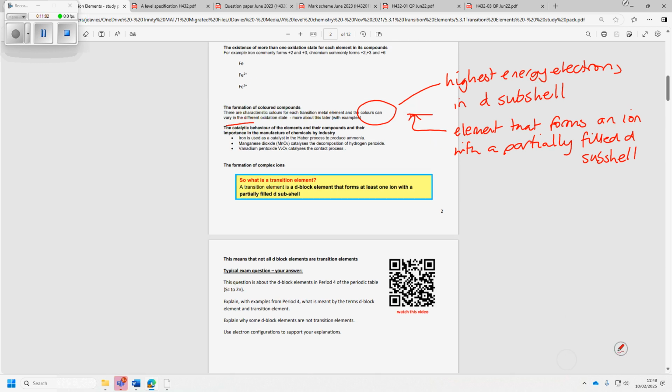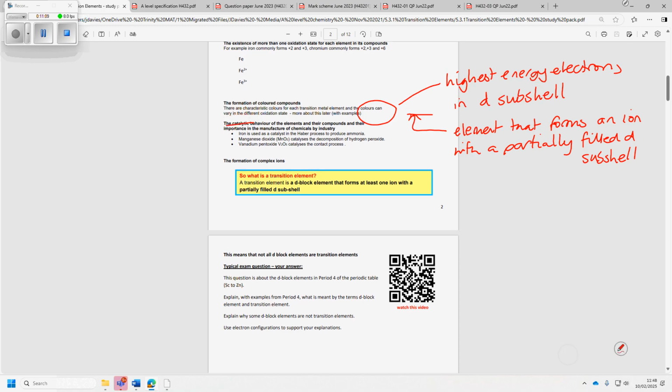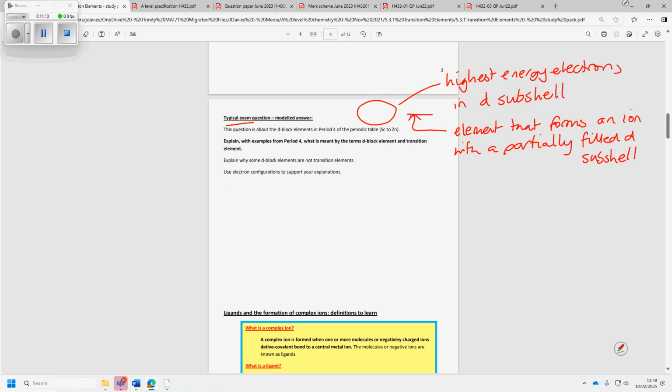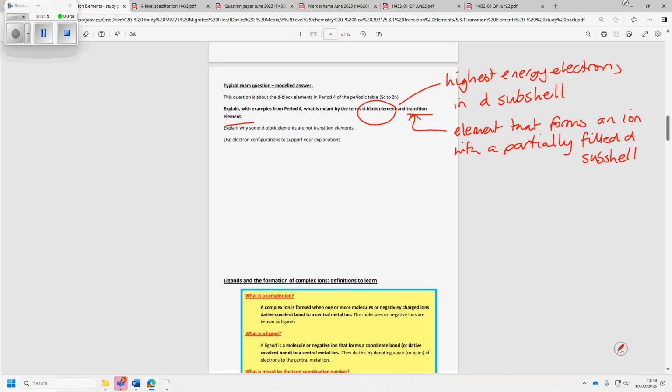Oh, there it is: a D-block element that forms at least one ion with a partially filled D subshell. So we've got two key definitions. Please don't walk into your exam and not be clear about those two definitions. That is a recipe for disaster.